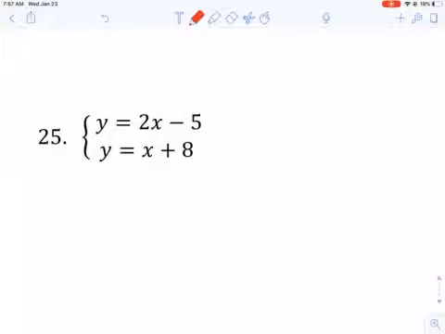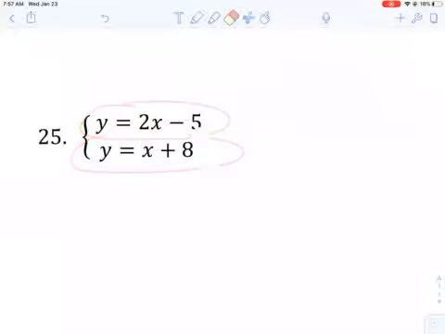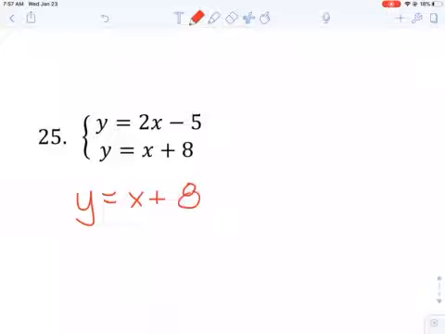Now, you have a couple of options. We have y isolated in both cases here. We have y equals 2x minus 5. We have y equals x plus 8. We don't have a specific value for y, but we do have an expression. What I'm going to do is I'm going to substitute one of these expressions. So I have y, I'm going to use this one here because it's a little less intense. I get y equals x plus 8.